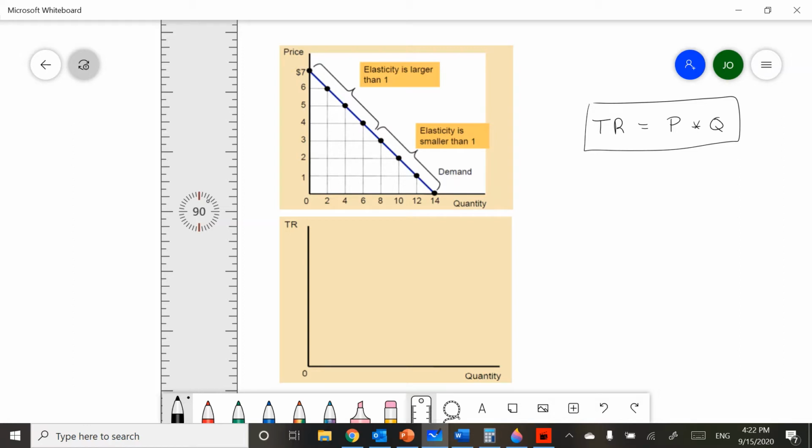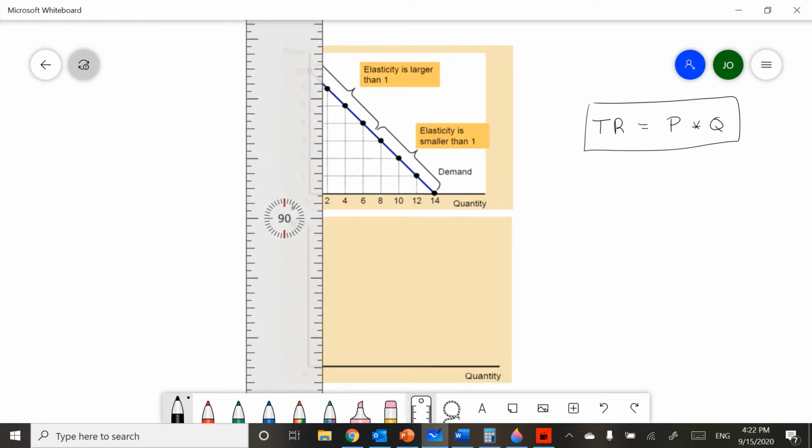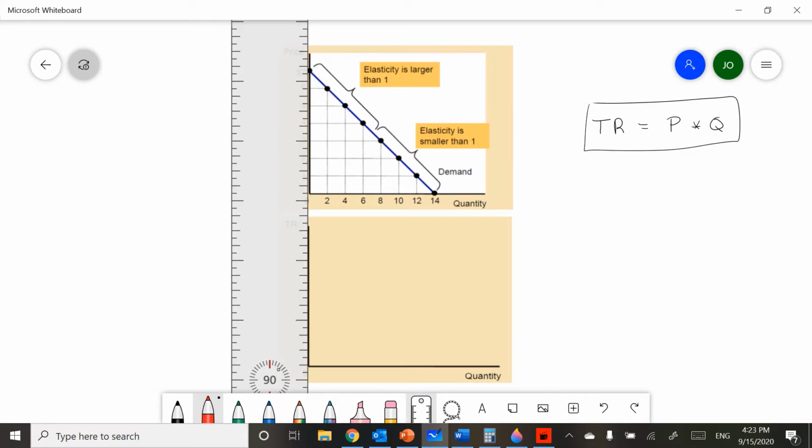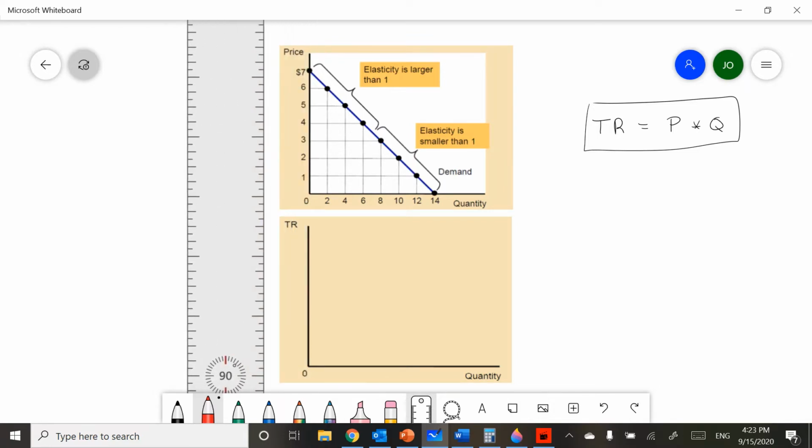So similarly, we're going to use the information from this demand curve to calculate total revenue for this firm. Let's begin with the first point. The first point is the intersection of $7 and 0. 7 times 0 will give me a total revenue of $0.